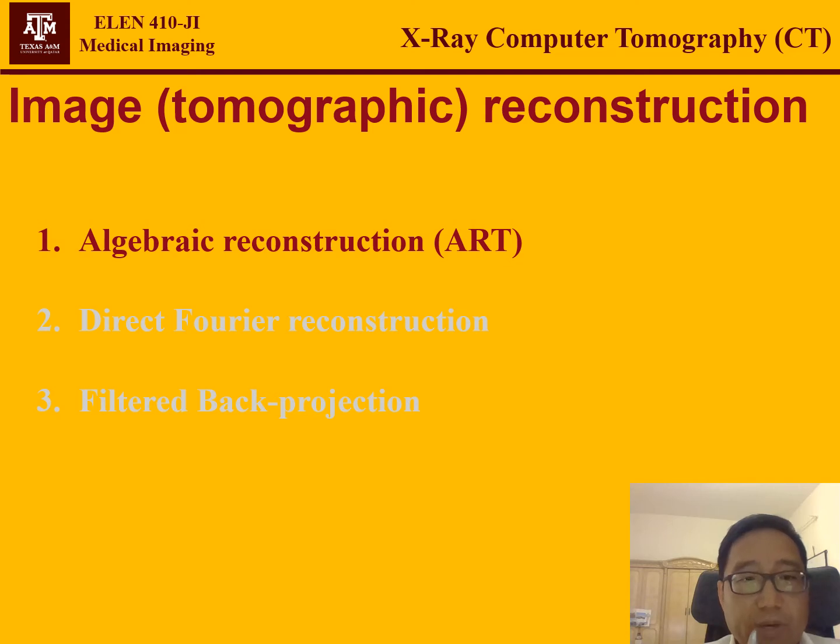Then there's direct Fourier reconstruction, which is related to the Fourier transform. You will need to learn Fourier transform anyway in the future, but we don't have time to get into that today.